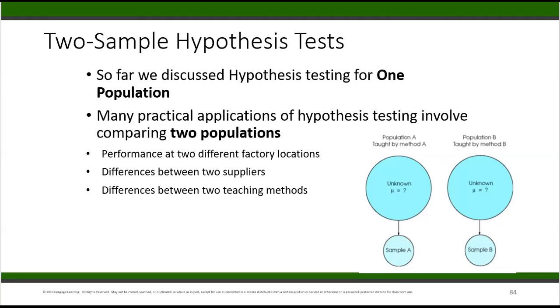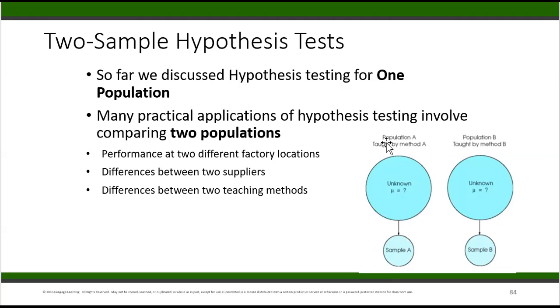Whereas in a lot of practical cases, we are comparing population parameters coming from two or even more than two population groups. Here, we want to focus on two-sample hypothesis testing, which is mainly about comparison of two population groups.